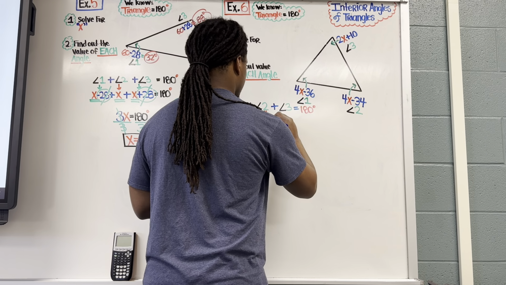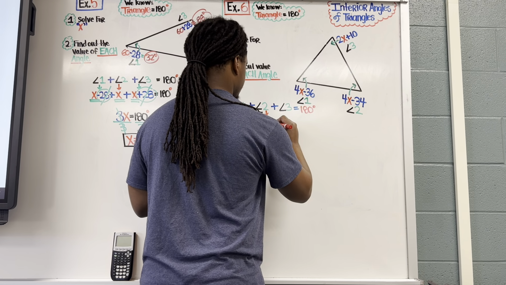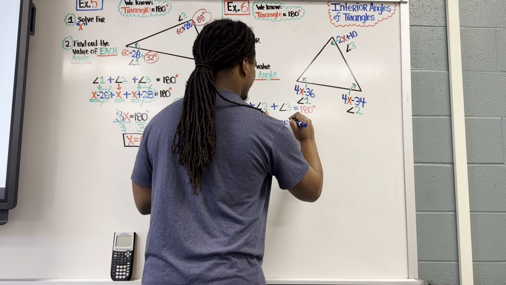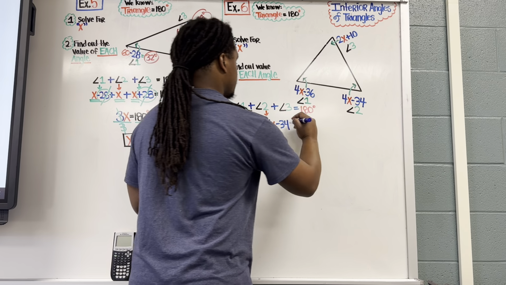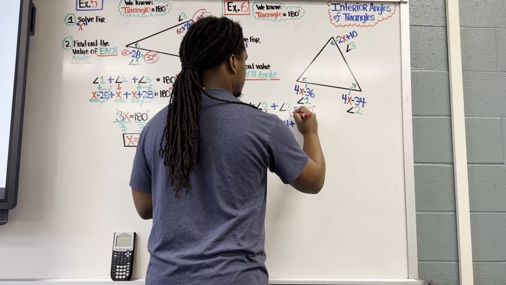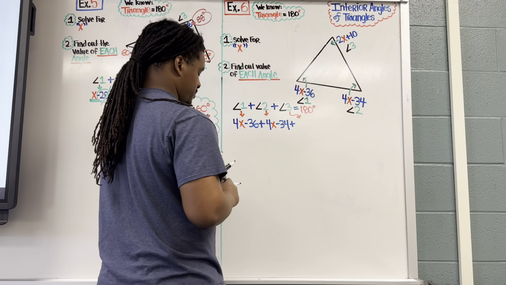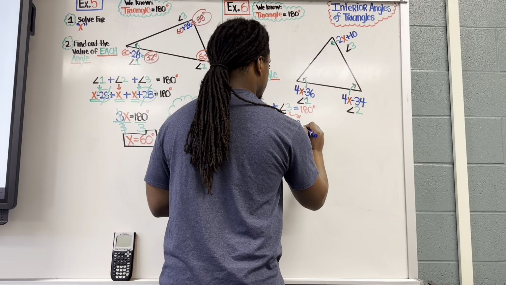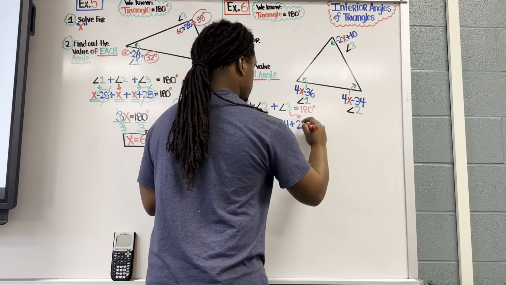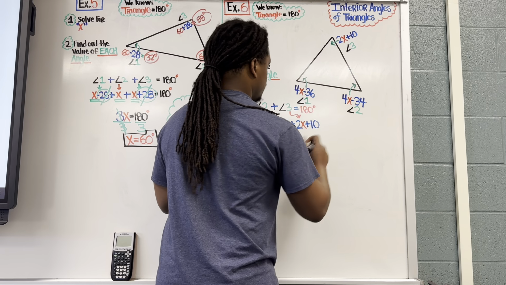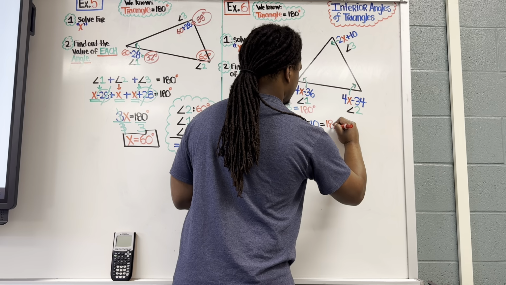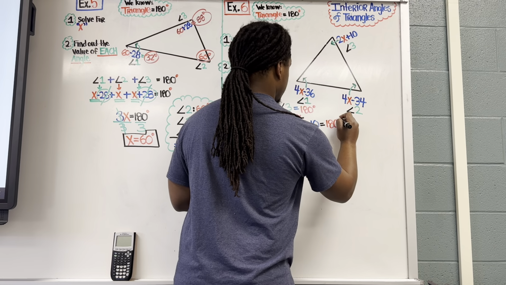Angle 2 is 4x minus 34. So it's going to be 4x minus 34, right? Plus, okay, angle 3, which is 2x plus 10, equals 180 degrees, right?